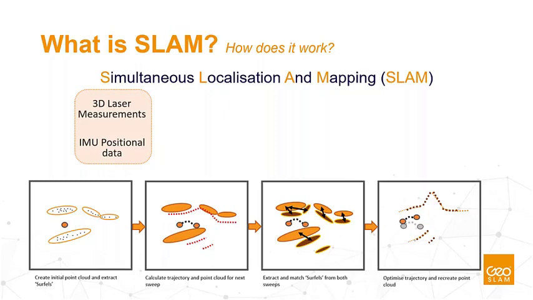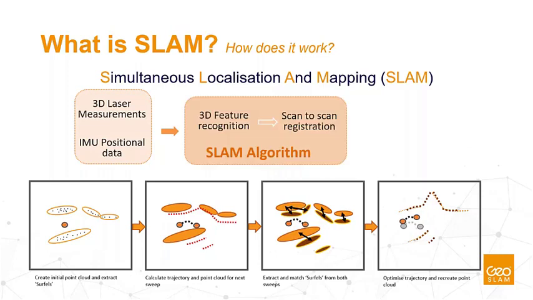It's not terribly accurate just by itself, so what we do is we run that data through our SLAM algorithm, and what that's doing is it's recognizing three-dimensional features. As you're moving through a space, it will see the walls and the ceilings and the floors and all the furniture and objects around you. It will recognize those as unique features.